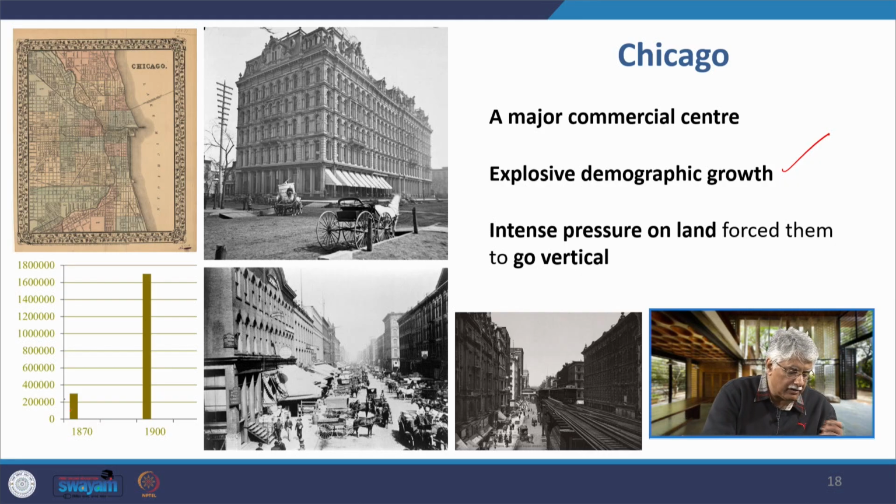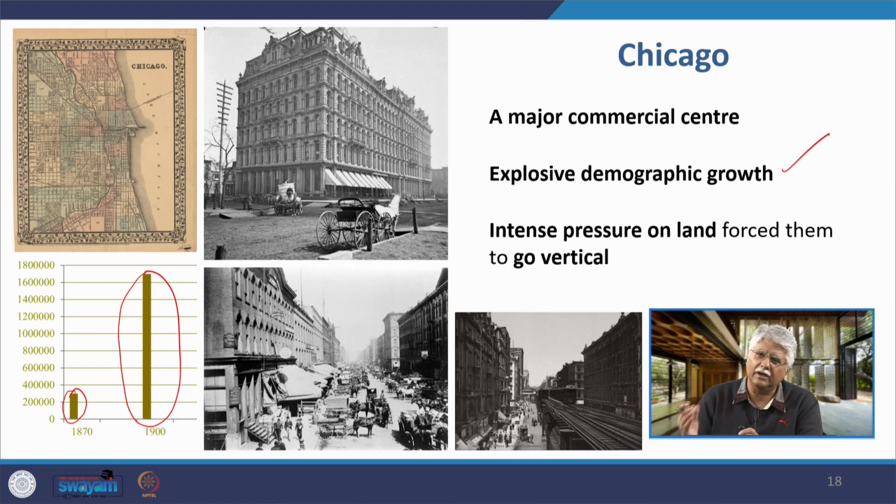As you can see here, in 1870 the population was somewhere around 300,000 or 3 lakh people in Chicago, which shot up to more than 16 lakh or 1.6 million people within 30 years' time. So 1870 to 1900, tremendous growth in population, and as a result of that there was intense pressure on the land, and that forced them to look for development in the vertical direction.